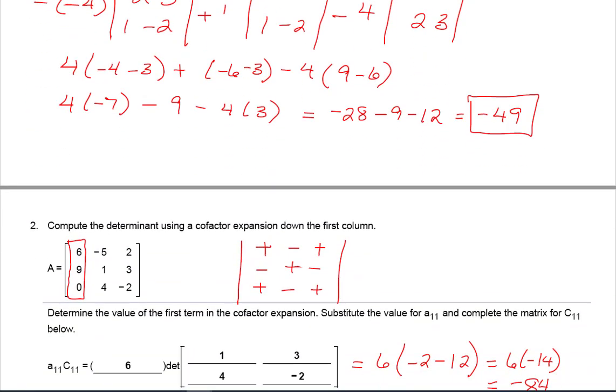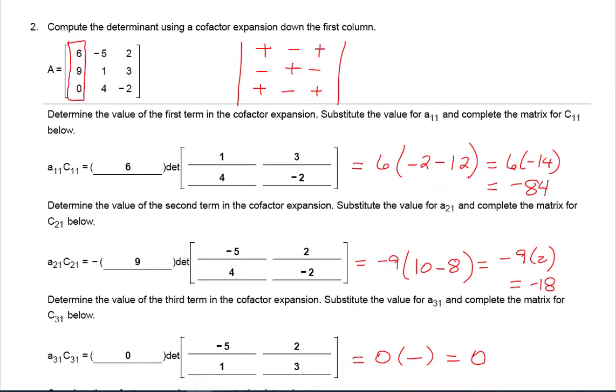Okay, now let's see. In question 2 here, they want to expand by the first column in this 3 by 3. So again, just to remind us how the signs go, I'm going to get a plus 6, minus 9, and a 0.